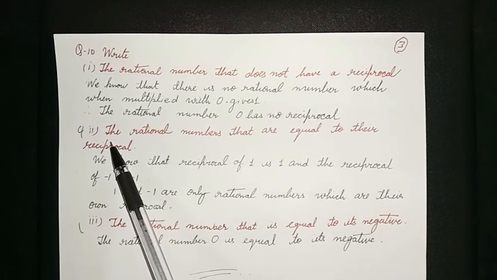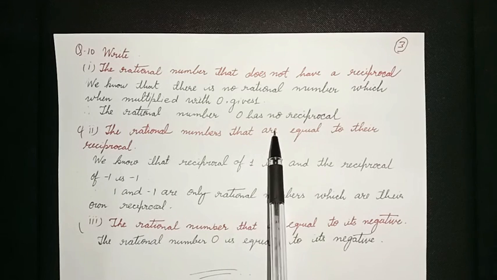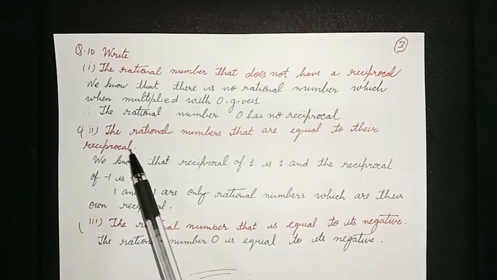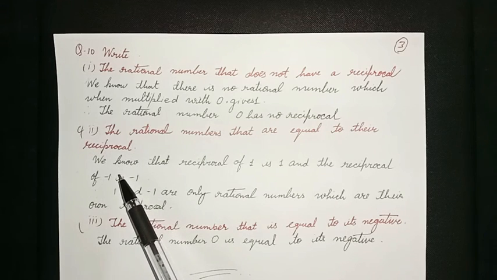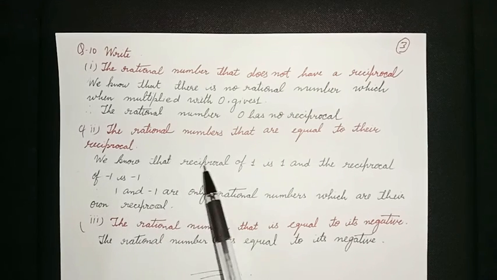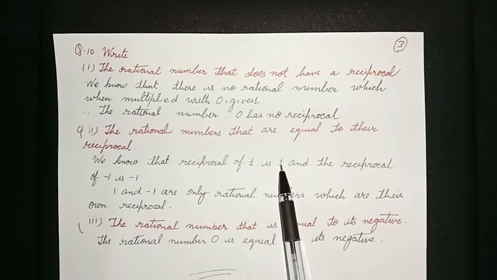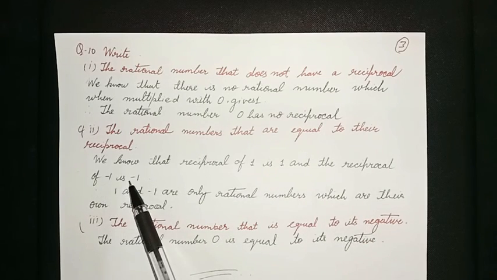The second part: write the rational numbers that are equal to their reciprocal. This thing I have also explained to you at that time. We know that the reciprocal of 1 is 1 and the reciprocal of minus 1 is minus 1.